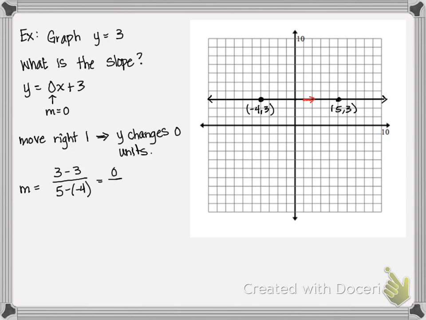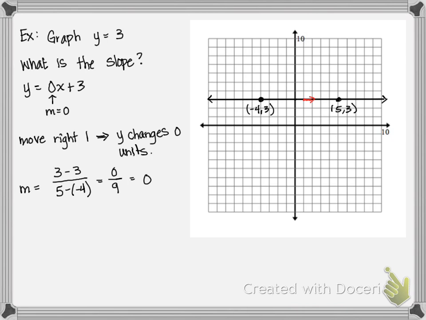So 0 over 9 is equal to 0. Very good. So looking at all the different ways that we can define slope, we end up with a slope of 0 in every different way of looking at it, right? So this is sort of the simpler one.